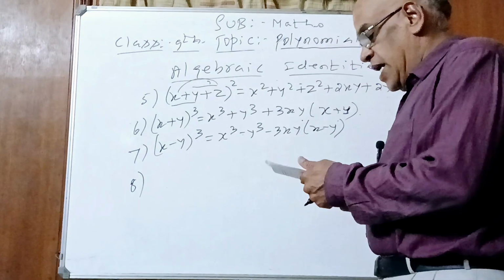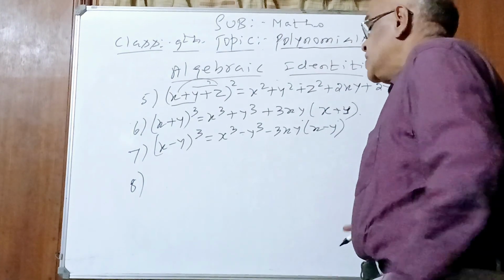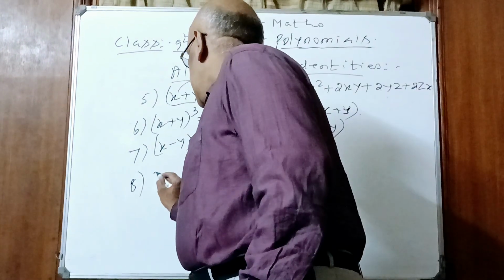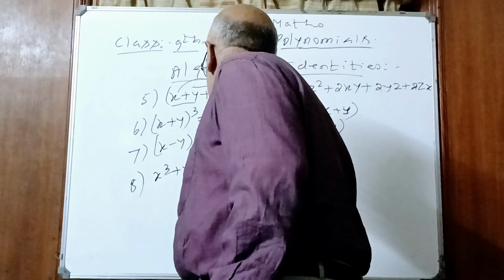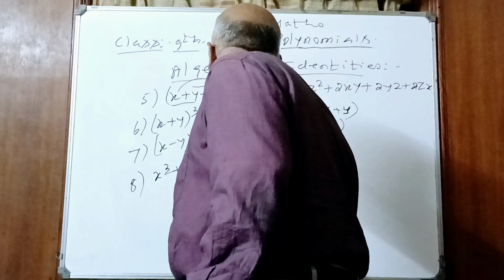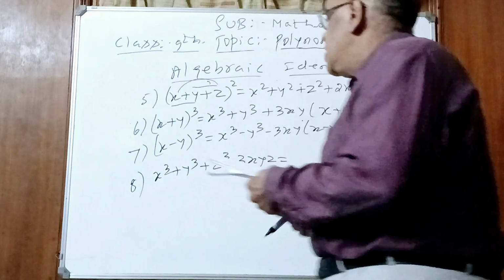What is that? x cube plus y cube plus z cube minus 3xyz. x cube plus y cube plus z cube minus 3xyz is equal to what, children?